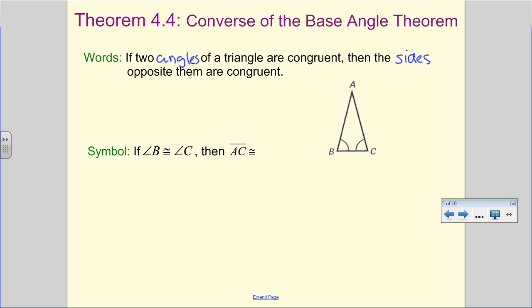So we've got angle B and angle C marked as congruent. So that means the sides opposite them are going to be congruent. So if angle B is congruent to angle C, then AC is going to be congruent to side AB.